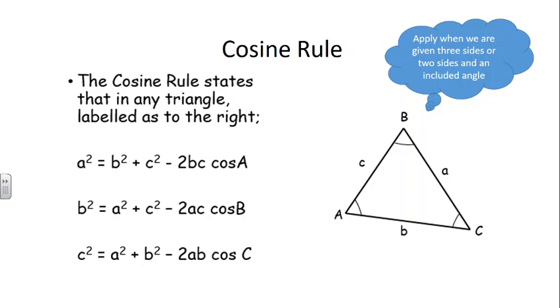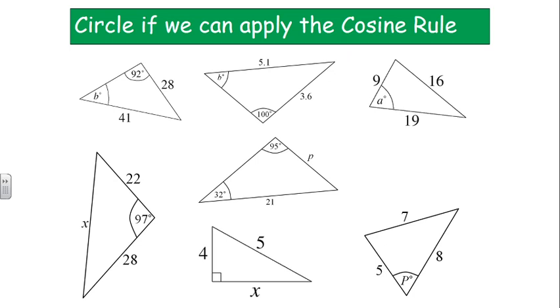On the next slide, I'm going to ask you to have a look at these triangles, decide which ones we could apply the cosine rule for. So remember, cosine rule is where we know two lengths and the angle in the middle, or we know all three lengths and we're asked to work out a missing angle.